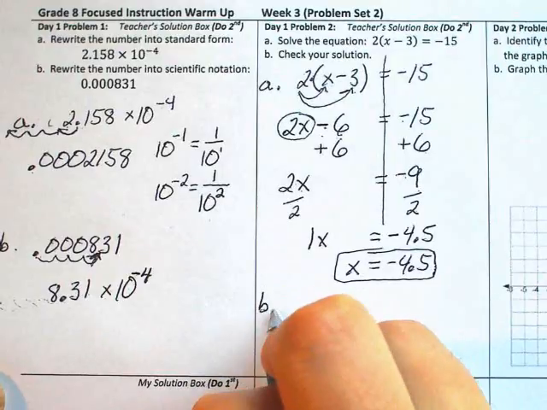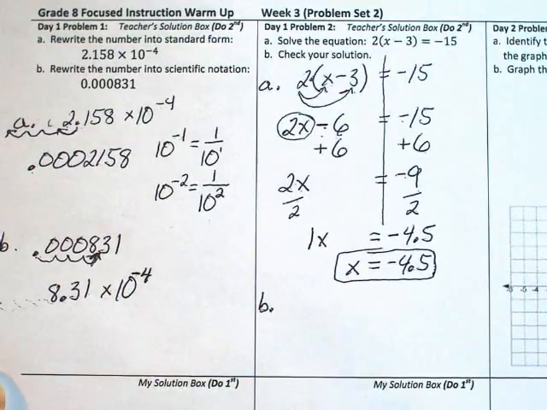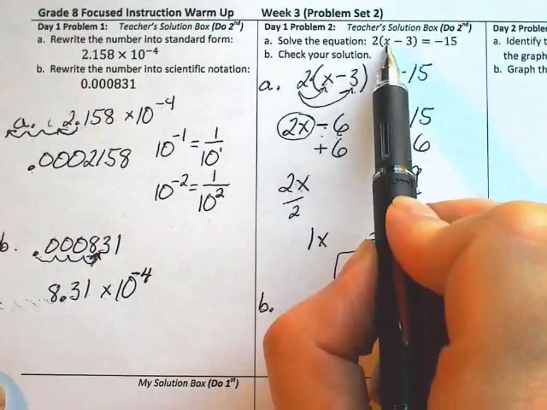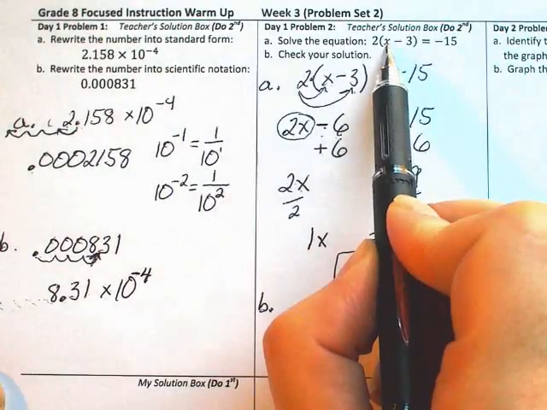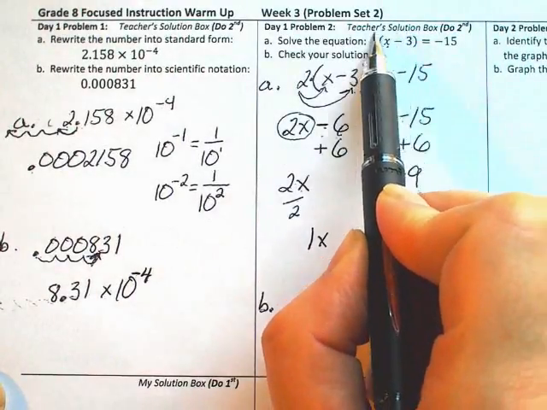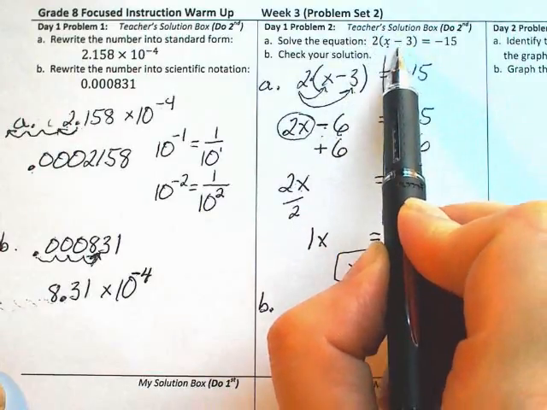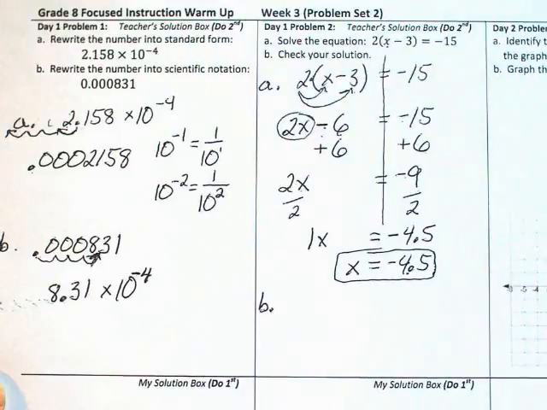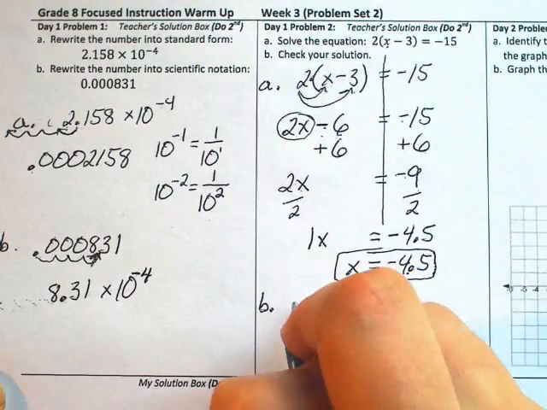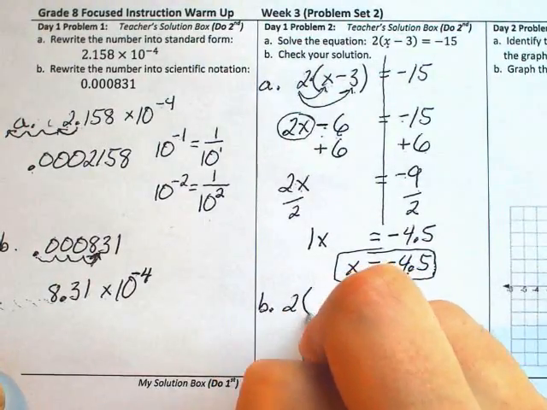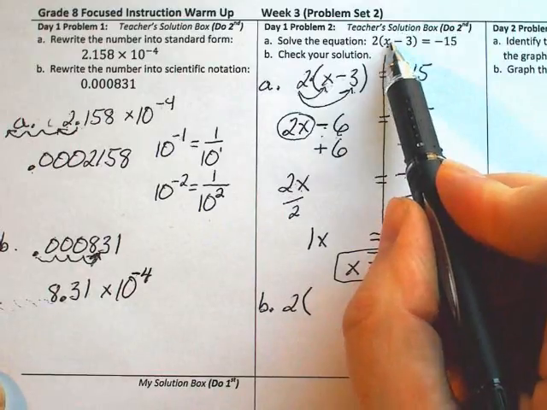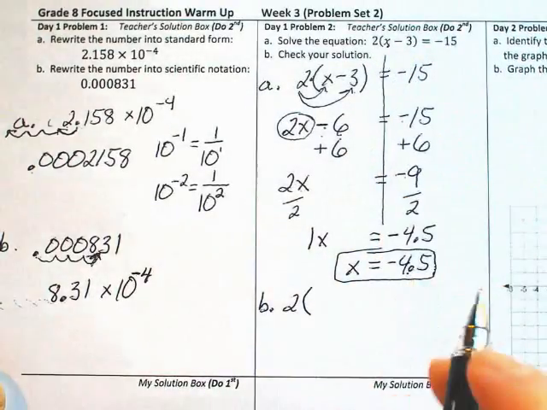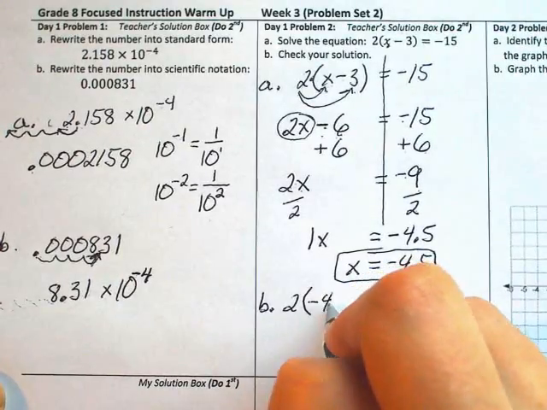And in part B, we are asked to check that value. So if we use negative 4.5 in place of the x in this position and work out this expression, does it truly equal negative 15? And if it does, then we have the correct answer. So 2 parentheses, and then for the letter x, substitute in the value that we think is correct, negative 4.5.